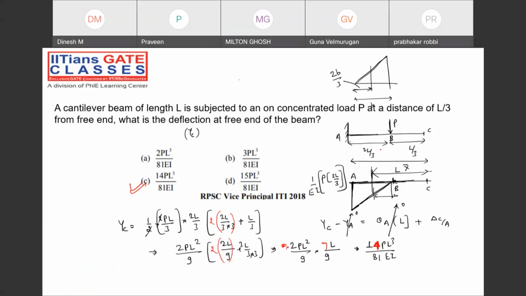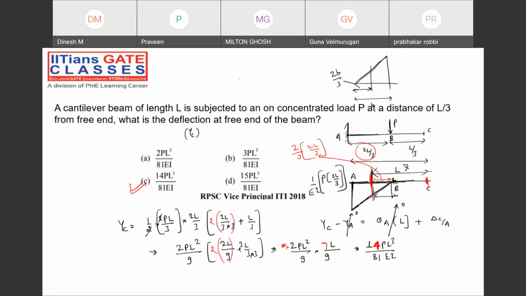All of you are getting my point or not? Yes or no? Tell me, guys. Correct. So, a small mistake. This particular distance will be 2 by 3 of this 2L by 3 plus this one, L by 3. That's the distance from here to here, right?